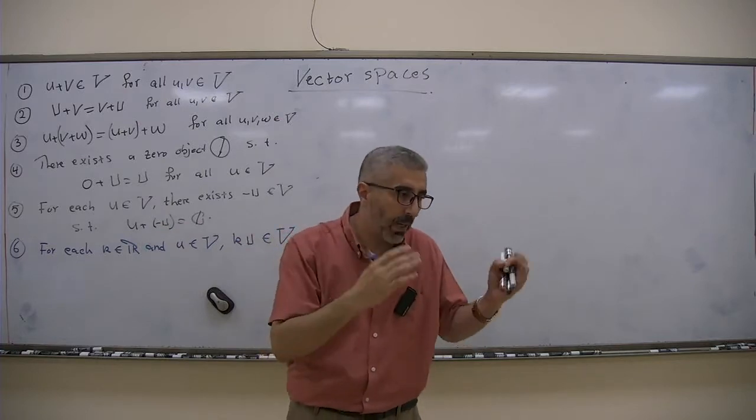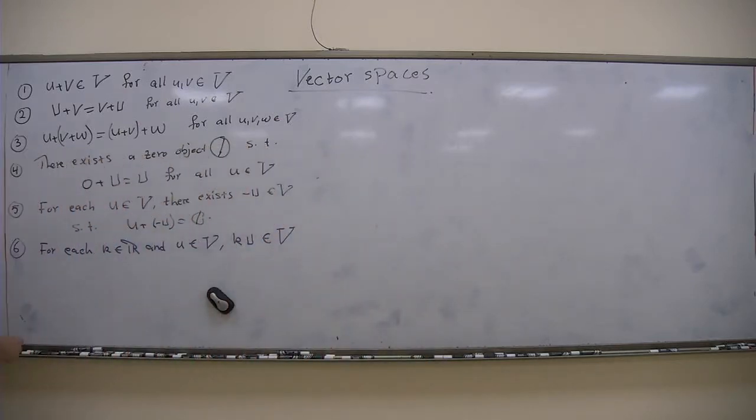Still, what you have is a vector. All right. Number 7. If you multiply k by 2 vectors u plus v, that should be the same as ku plus kv.